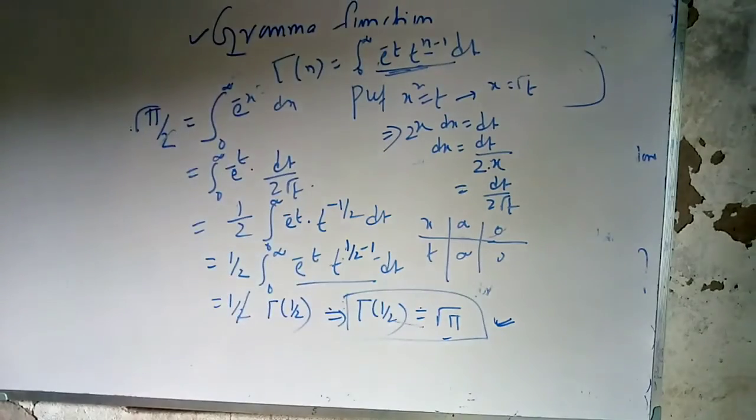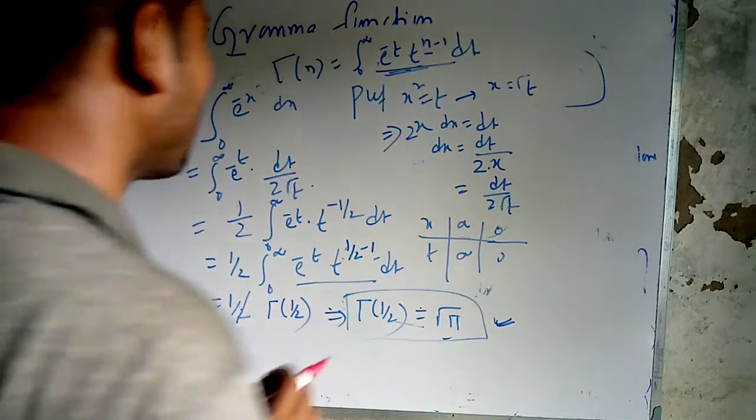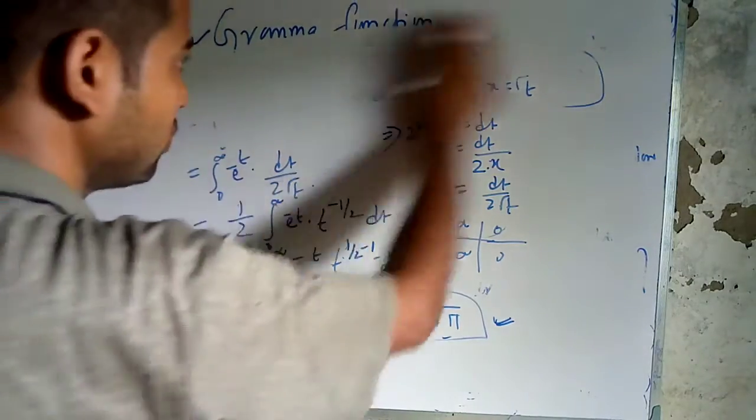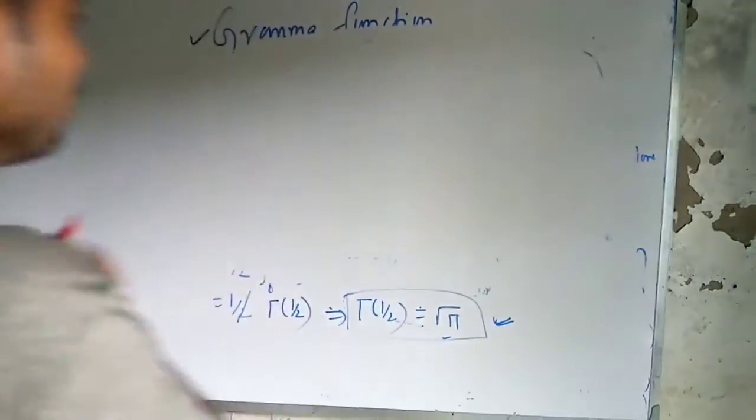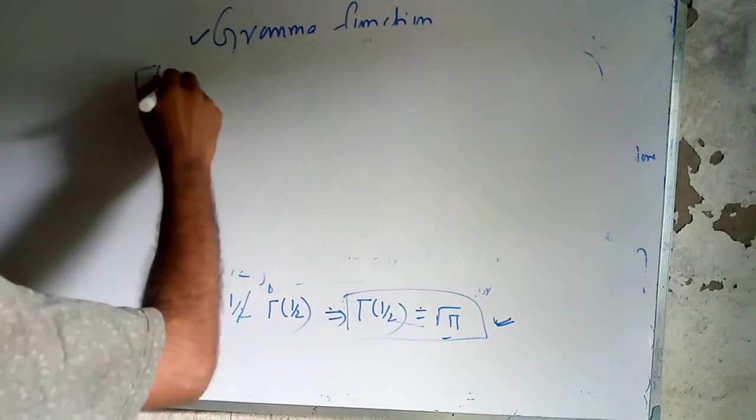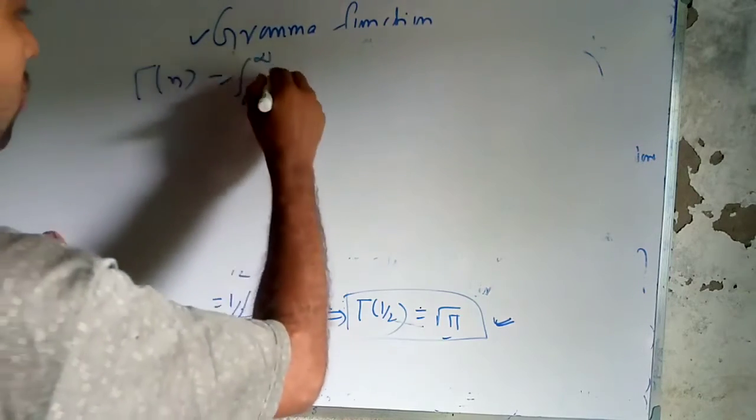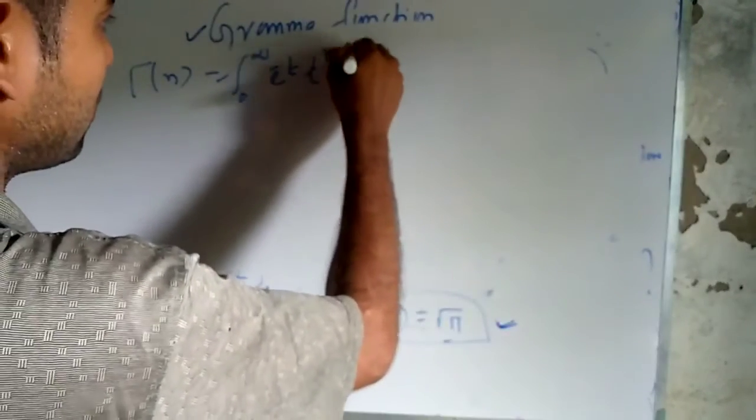These two points are very important in calculating the gamma function. Now I am going to go through the gamma function thoroughly. You know gamma of n equals the integral from 0 to infinity of e to the minus t times t to the power n minus 1 dt.